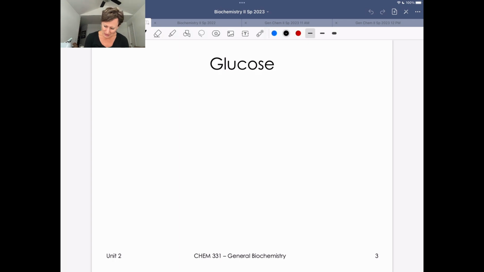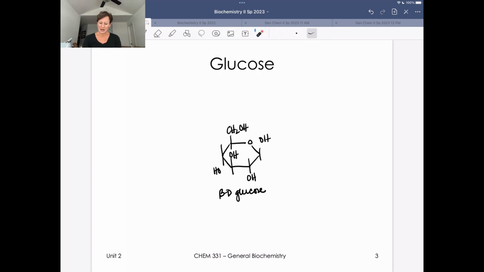But right now, we're going to focus on it all being about glucose. So, hopefully, everybody's good with remembering how to draw a structure of glucose, and drawing it as a Haworth projection is going to be important because that will allow us to differentiate other isomers. So this again is beta D-glucose.